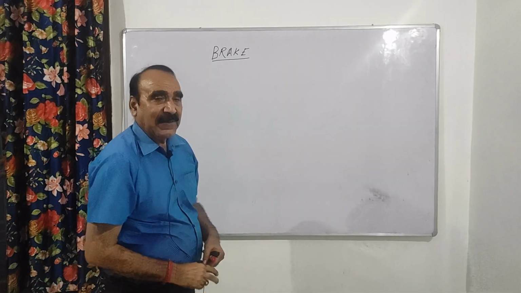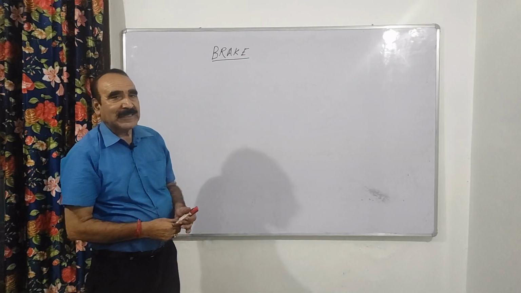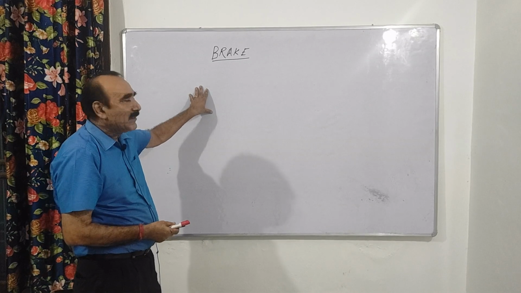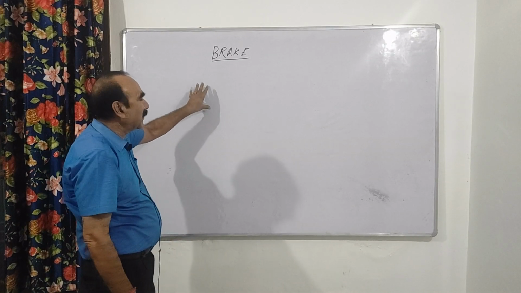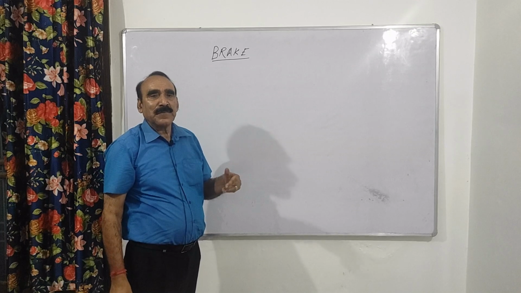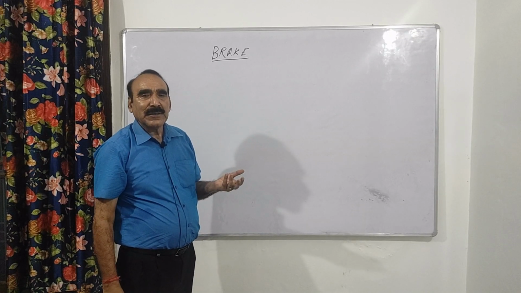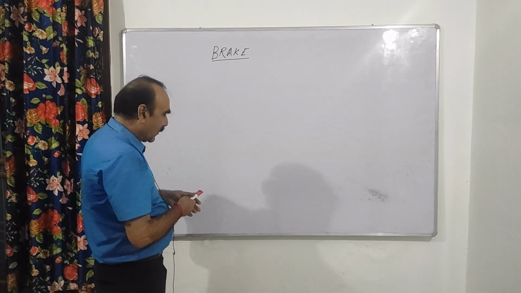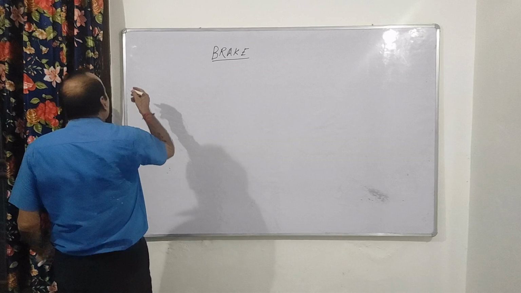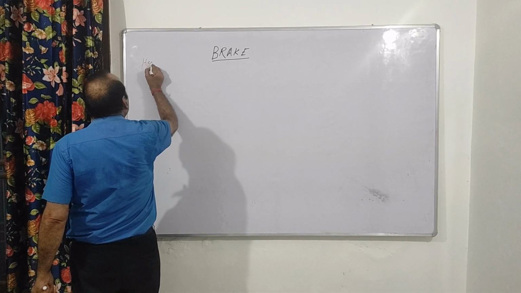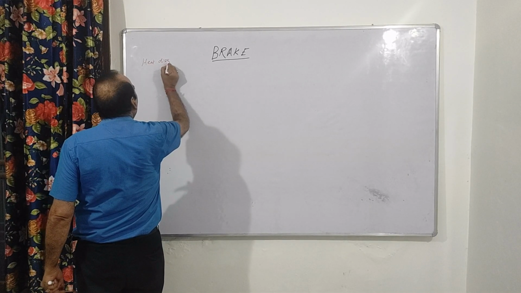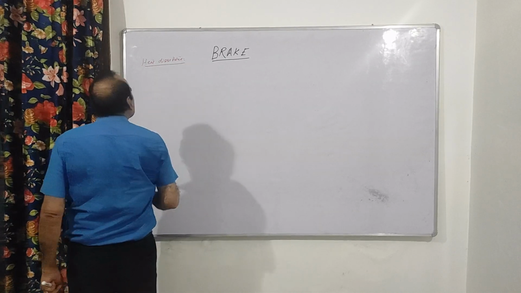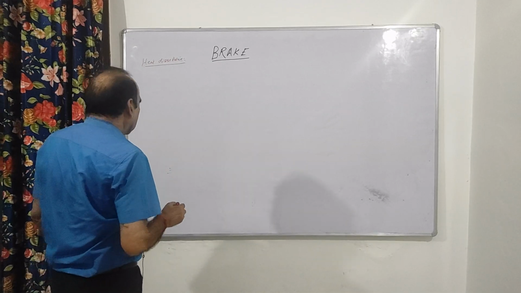So energy absorbed के ऊपर तो मैंने आई हैव गिवन यू ऑल द डिटेल ऑफ दिस. Now, when this energy is absorbed, what happens? That energy which is being absorbed by the brake is transformed into heat, and that heat is being dissipated to the surrounding air. So the next I will take this heat dissipated. Right.